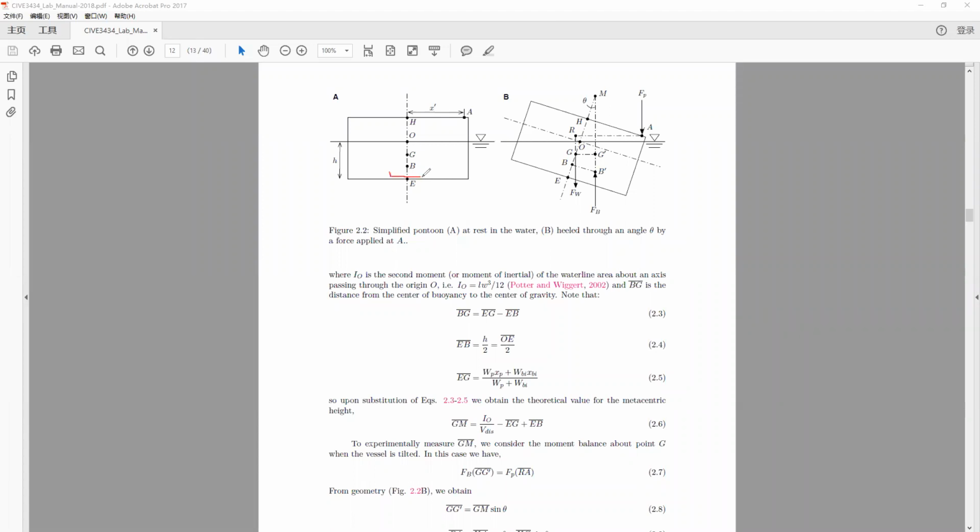If you add some weight in here, the center of gravity will be somewhere in here. Basically, the center of gravity of the added ballast weight to the bottom of the vessel is the XBI.